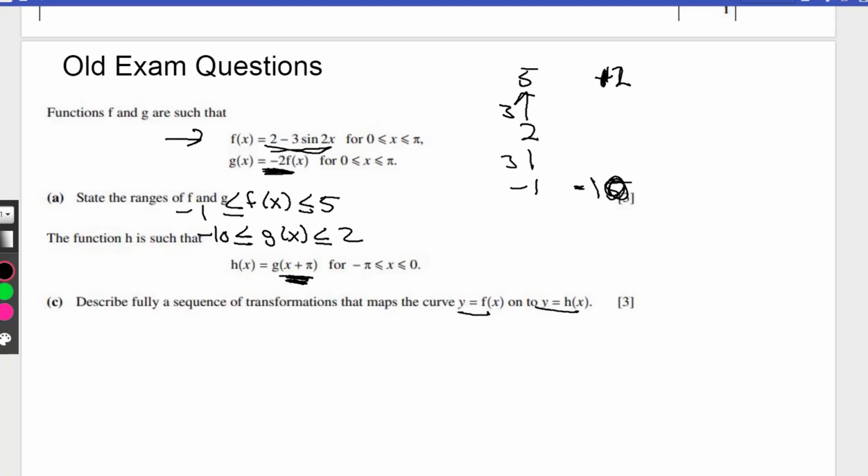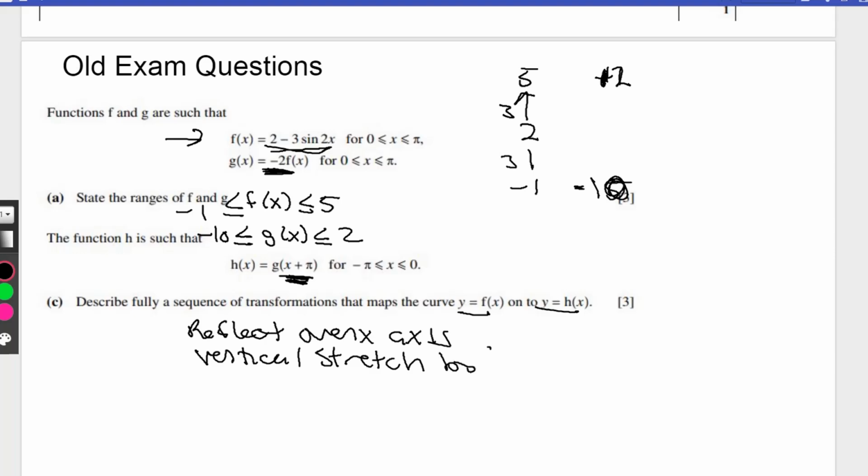So first, we got a reflection over the x-axis. Then we got a vertical stretch by a factor of 2. That takes care of both of these.